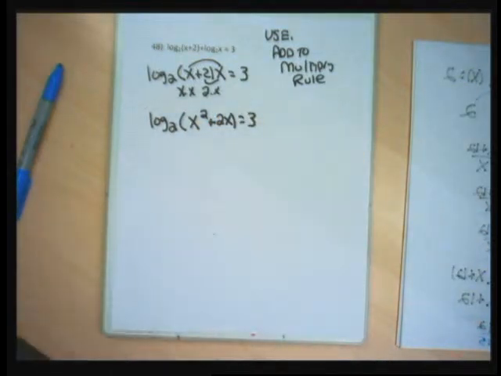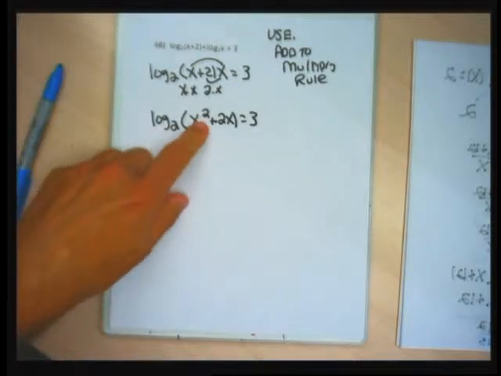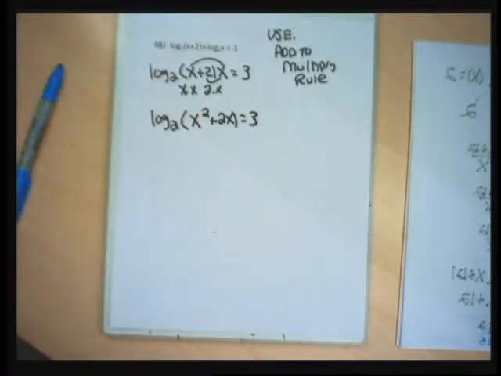This is not radically different than what I've done for the last 4 problems, but the bad thing is there's a square I'm going to have to solve by factoring, and I'm going to get an answer that doesn't check. Usually on these problems where you use the add to multiply rule to make one logarithm out of the 2, you generate answers that don't check.